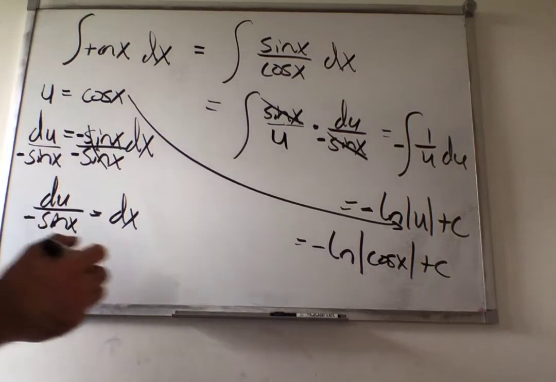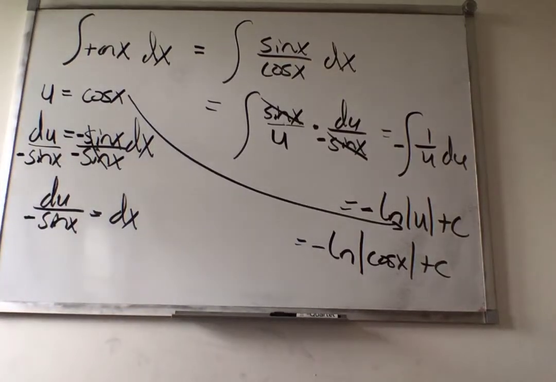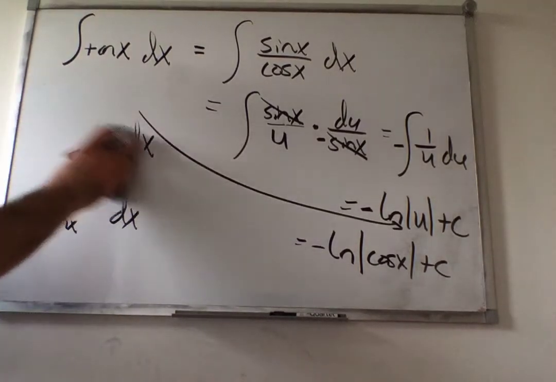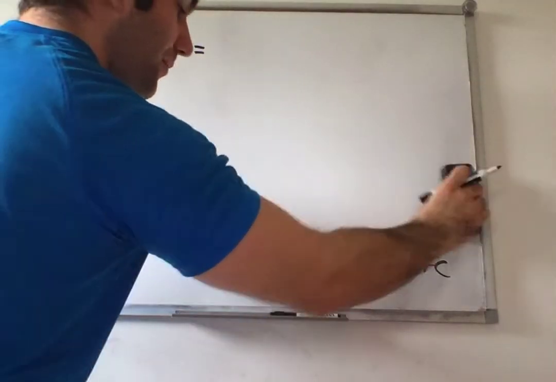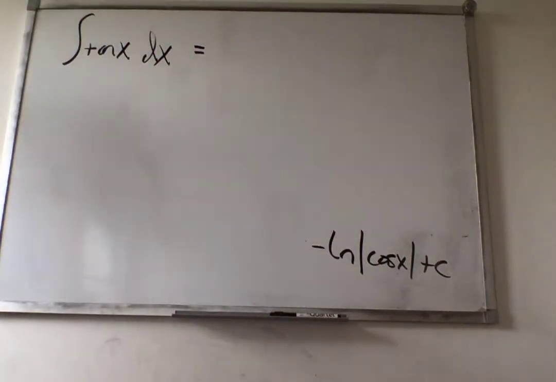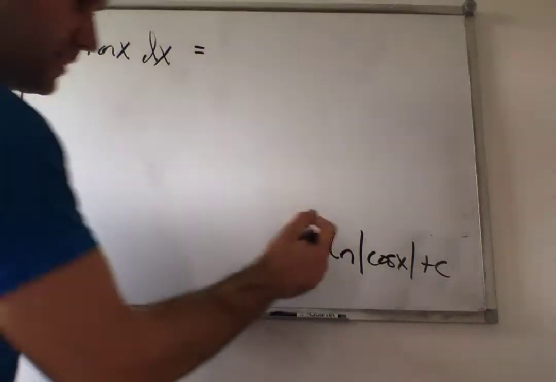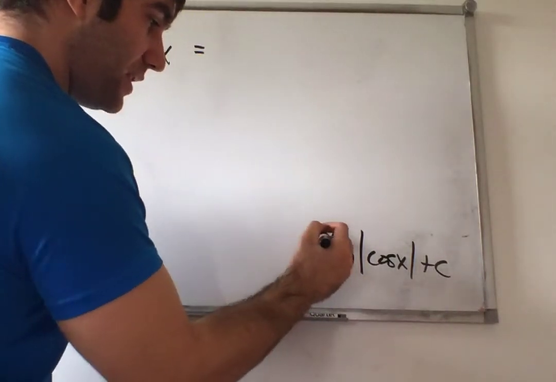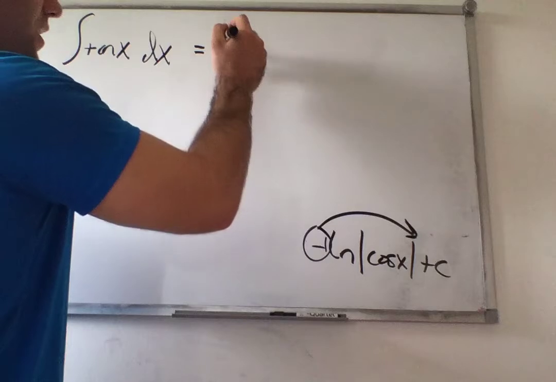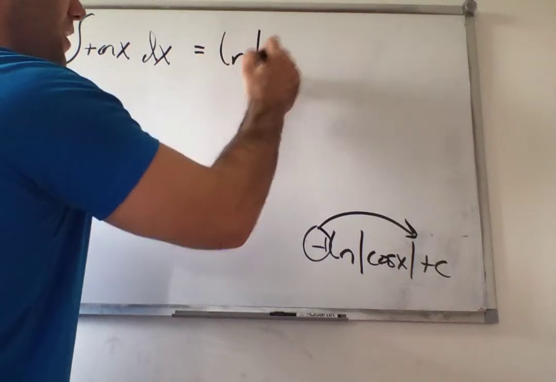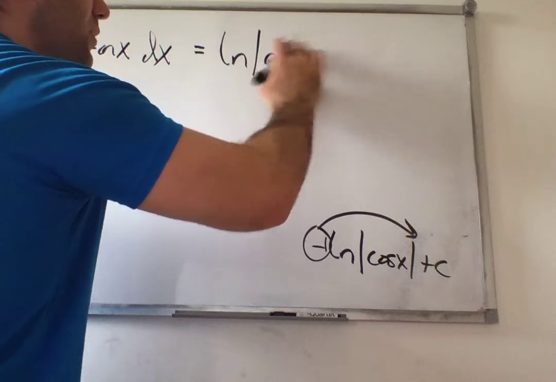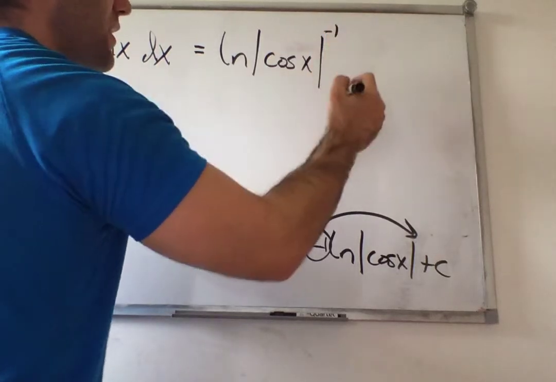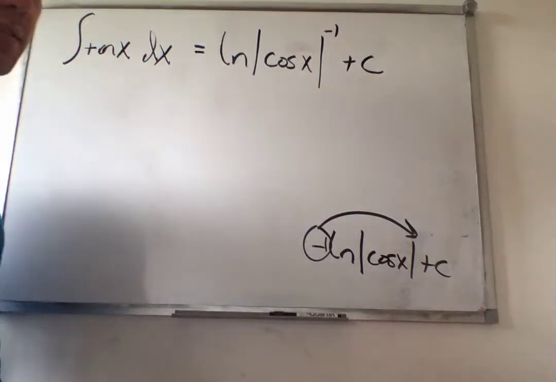They usually write this in a different form for the final answer. What they typically do is bring this negative 1 up into the exponent using the properties of a logarithm. So this becomes ln of cosine to the -1, plus c.